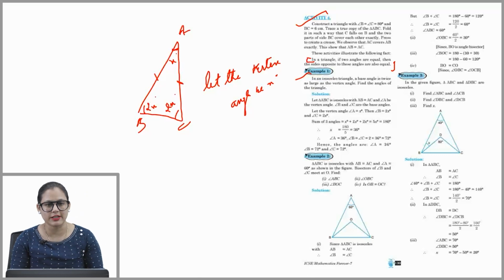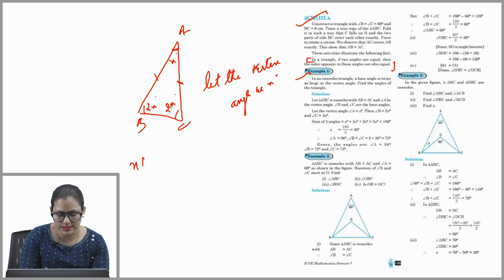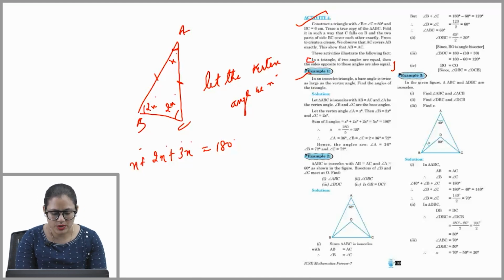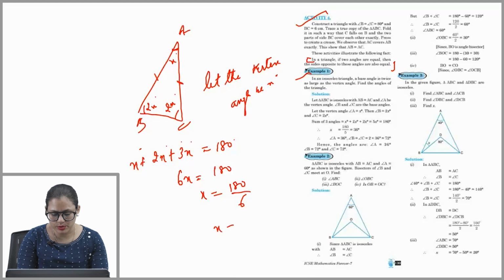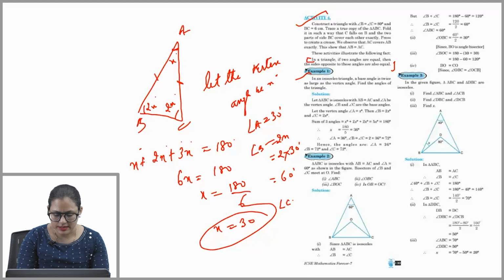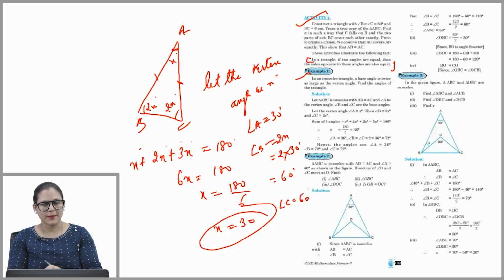Now we have to find the angles. So the sum of the three angles, x plus 2x plus 2x, is equal to 180 degrees, by the angle sum property of a triangle. So 5x... 2 plus 2 is 4, plus 1 is 5x equals 180. x equals 180 by 5, and x equals 36. So angle A equals 36 degrees, and angle B equals 2x, that is 2 into 36 degrees, which is 72 degrees, and angle C is also 72 degrees, right?